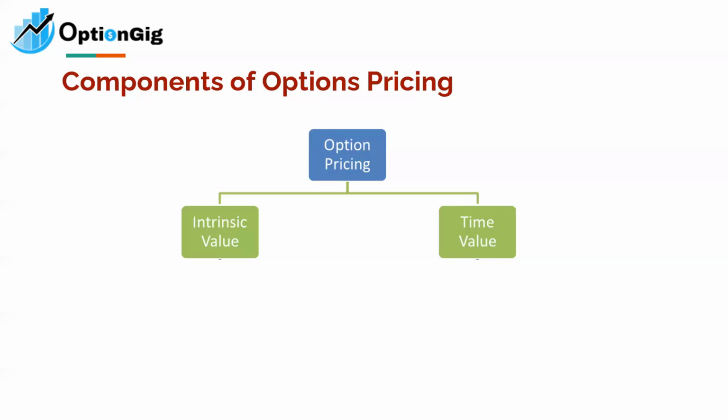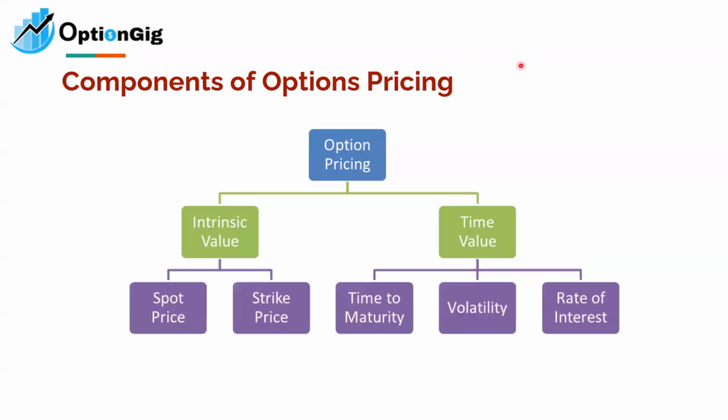So that's why it's called time value. Now the intrinsic value, as we have seen, is determined by the relationship between the spot price and the current stock price, one and the same thing.